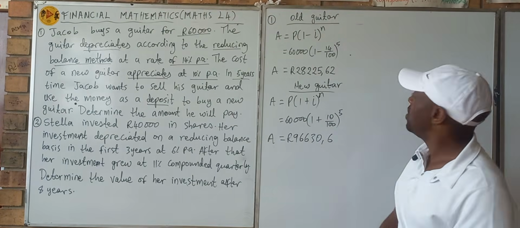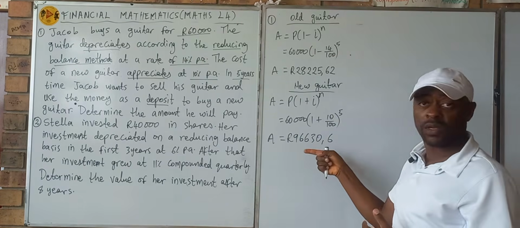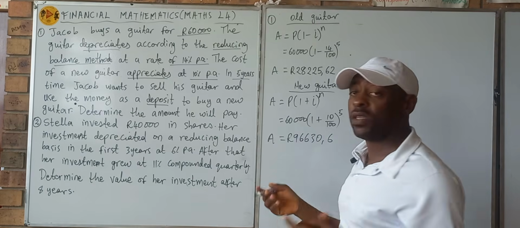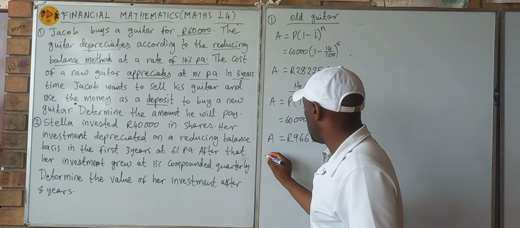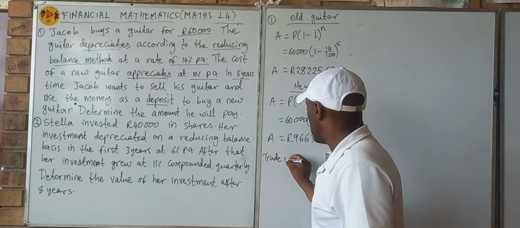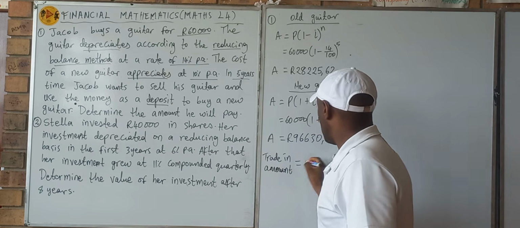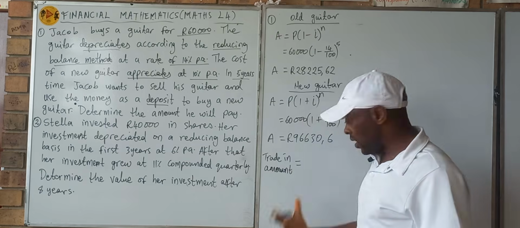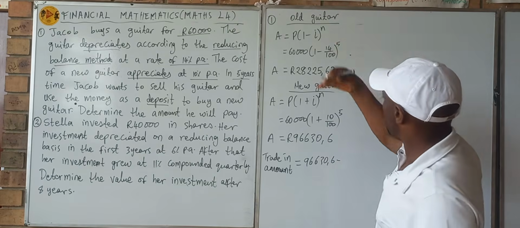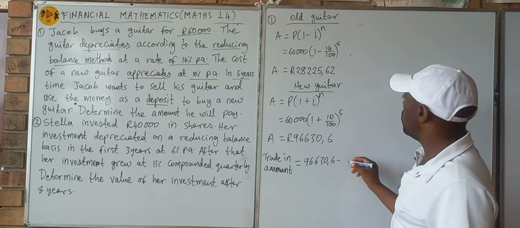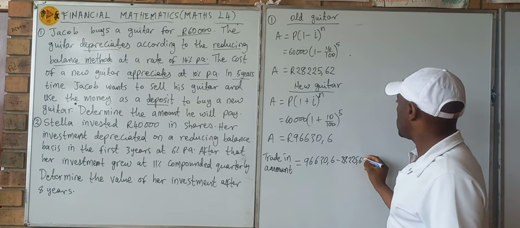But what is Jacob having? He's having 28,000 that he got from selling the old guitar, which he will now use as a deposit for the new guitar. The amount to pay, at times they call it the trade-in amount. If you've ever heard the word trade-in, it's for situations like this. So the trade-in amount here means I will take the cost of the guitar today, which is 96,630, minus the amount that Jacob is bringing from the old guitar, 28,225.62.